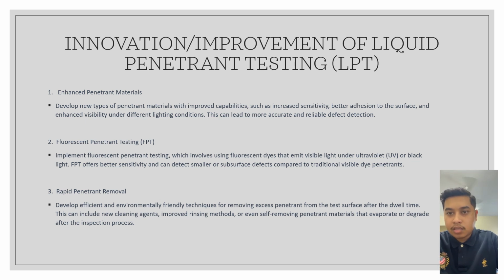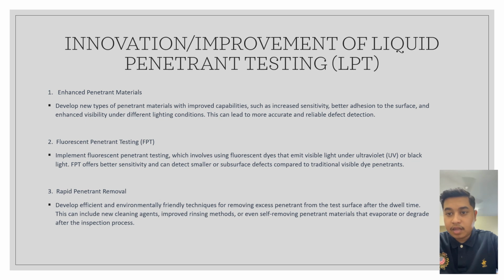The second one is fluorescent penetrant testing. Implement fluorescent penetrant testing, which involves using a fluorescent dye that emits visible light under ultraviolet or black light. FPT offers better sensitivity and can detect smaller or subsurface defects compared to traditional visible dye penetrant. The third one is rapid penetrant removal.